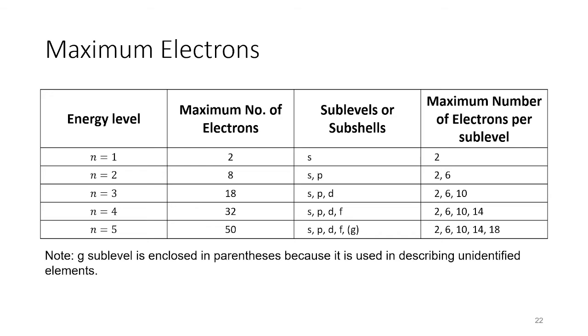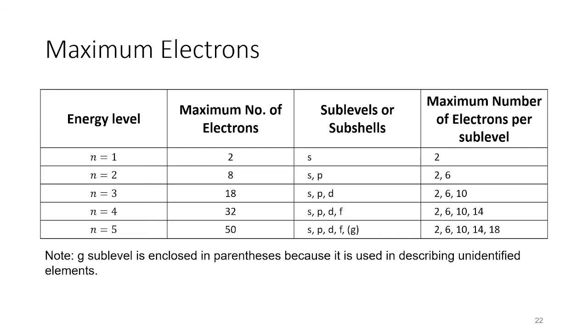Okay, but anyway, for the first energy level, we have a maximum of 2 electrons. We will discuss later on why the maximum number of electrons is 2. We have here the sublevels or subshells, which is S, and the maximum number of electrons per subshell, which is 2.